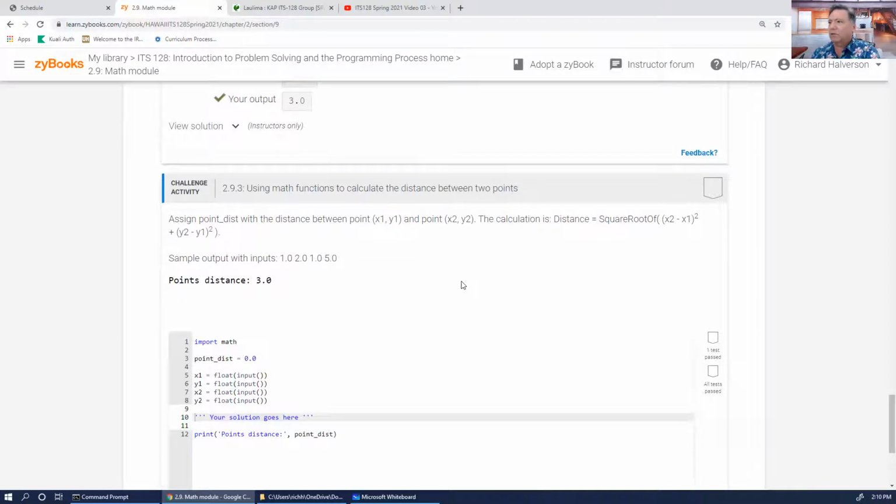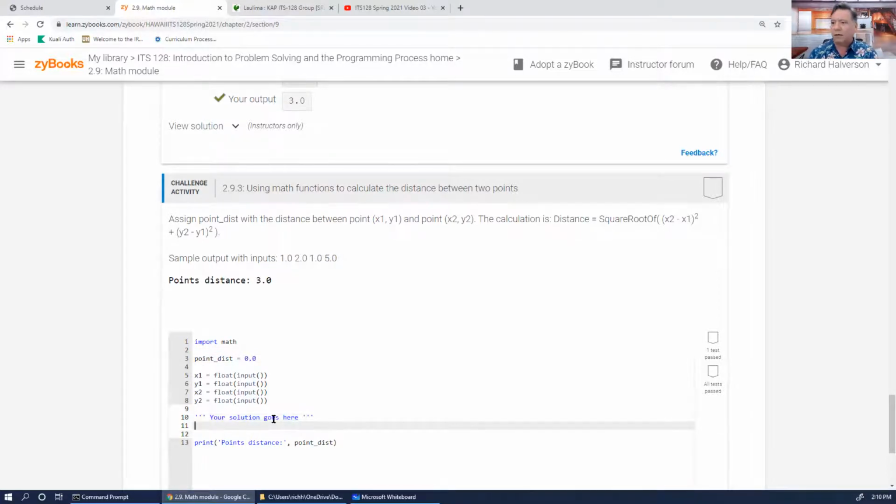Using math functions to calculate the distance between 2 points. Okay, so here again, you got all these inputs, x2, x1, y2, y1, and you have the square root function, sqrt, and you want to compute whatever the distance is, point distance.